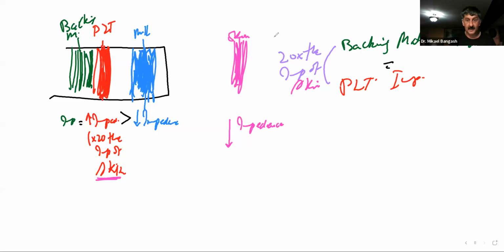So what comes between the skin and your matching layer is going to be gel.